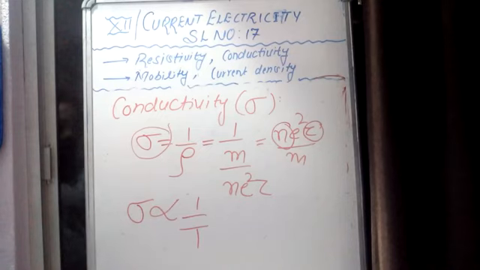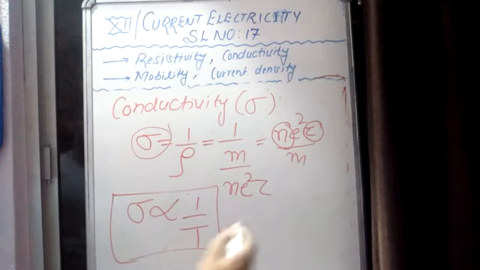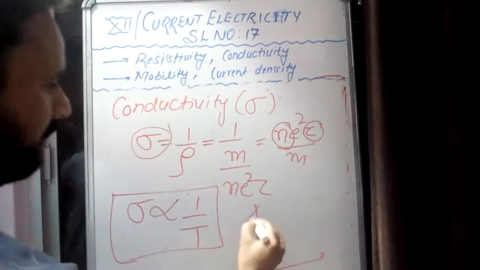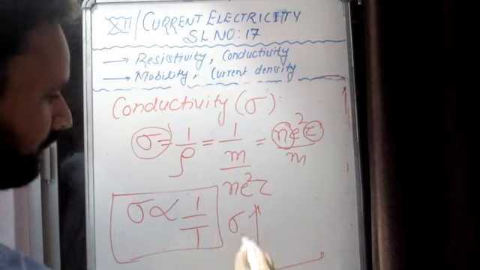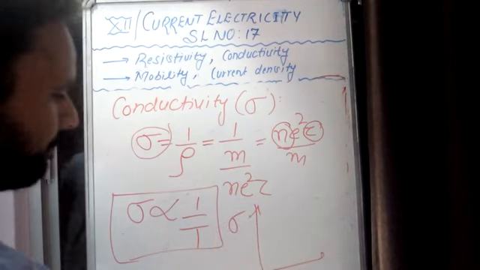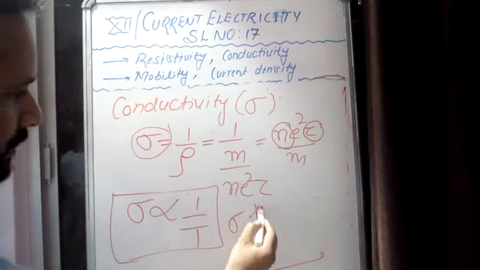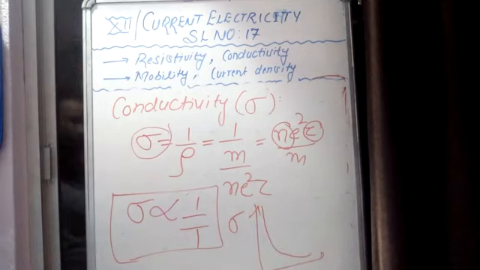For example, if I take a copper wire and plot the graph of conductivity versus temperature, the conductivity starts decreasing. It means that the flow of electrons or charge carriers through the copper is no longer easy. So that's why resistivity and conductivity are reciprocal to each other.